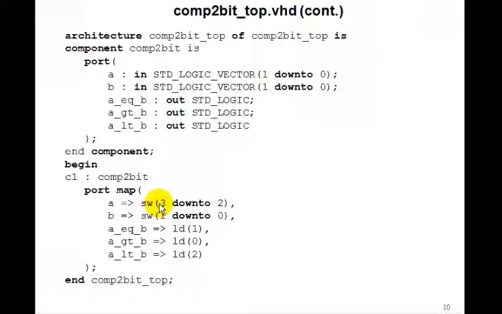A will connect to switches 3 down to 2, B will connect to switches 1 down to 0. We'll make A equal B the middle LED, LD1. We'll make A greater than B the rightmost LED, LD0, and A less than B will be set to LD2.